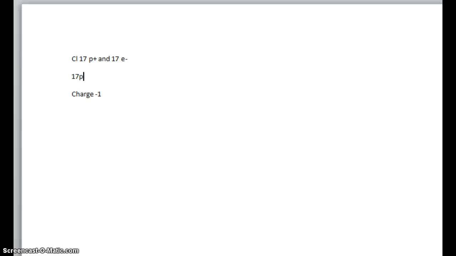I can never change my number of protons. So I have to change my number of electrons. And when I'm done with this, it has to equal minus 1. So 17 minus what equals negative 1? 17 minus 18. So I have 1 more negative electron, which gives me a charge of minus 1.